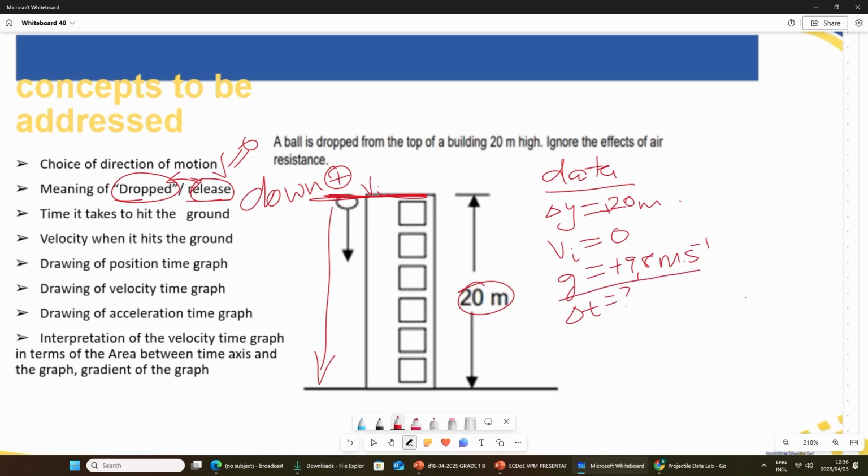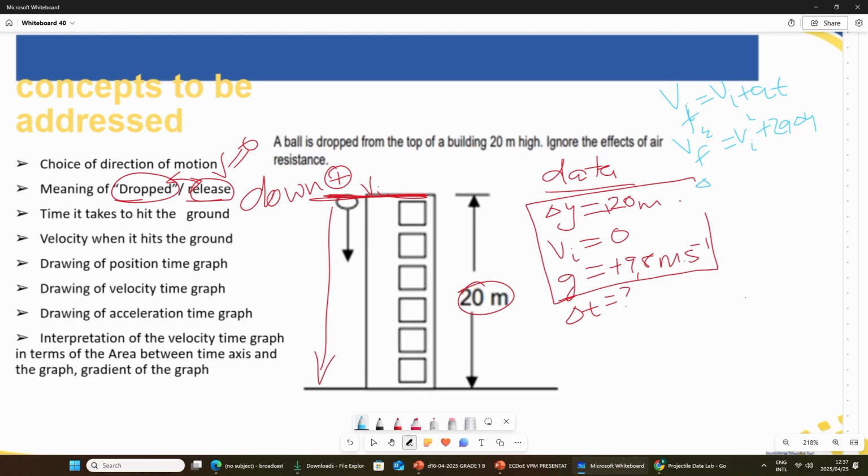Okay, so now once we know three things here, it's going to be sufficient for us to be able to calculate whatever variable we want to calculate. As we're looking here, we have those equations of motion. The first one: v final equals v initial plus at. The second one is v final squared equals v initial squared plus 2a delta y.